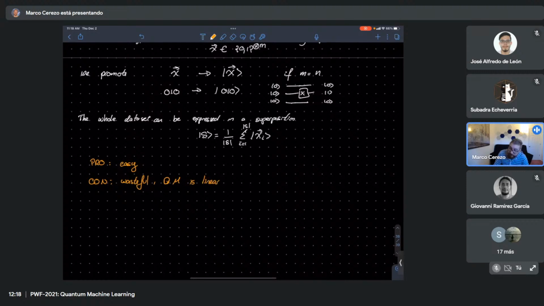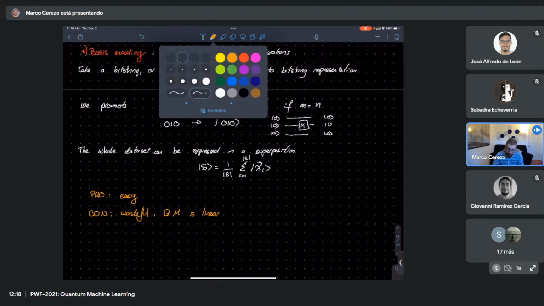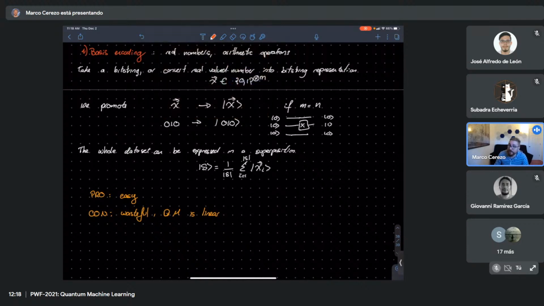We take a quantum state, we can apply unitaries to it, and applying a unitary just gives a linear combination of the elements of the vector it was applied to. So we can only do linear operations, and a lot of times in quantum machine learning, performing non-linear operations on the data is what leads us to something interesting and lets us learn from that data, right? So basis encoding was one of the first things that was proposed, and it is definitely not widely used at all.